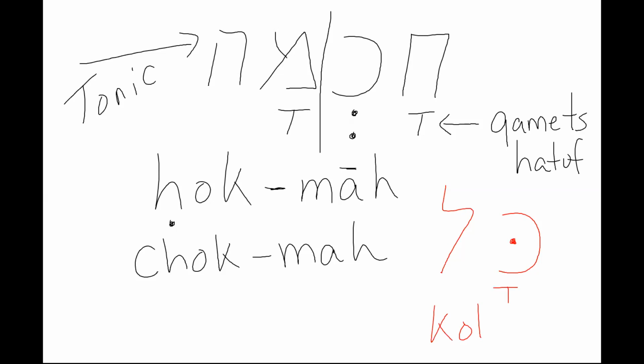In chokmah, the vowel under the chet is a qamets hatuf since it occurs in a closed syllable that is unaccented. The vowel under the mem is a qamets since it occurs in an accented syllable. And so the word occurring most frequently with the qamets hatuf is kol, which means all of, each of, or every.